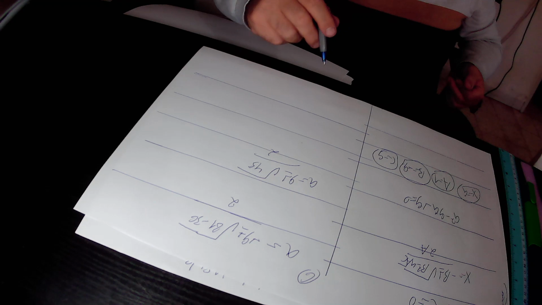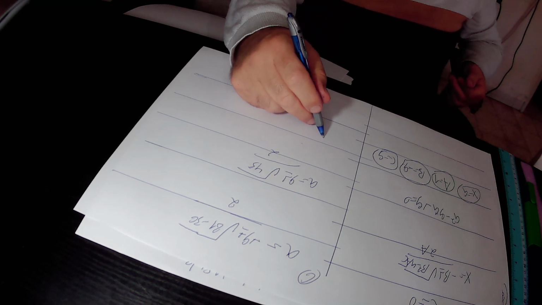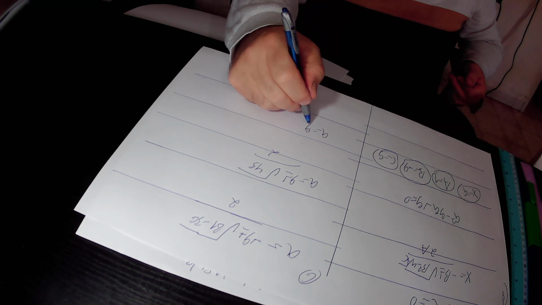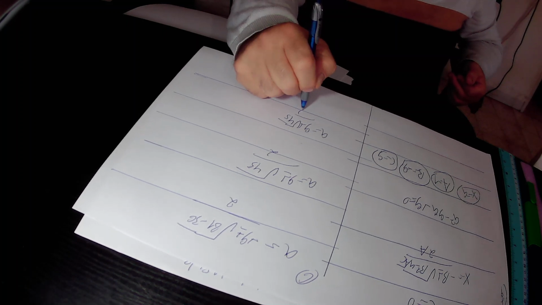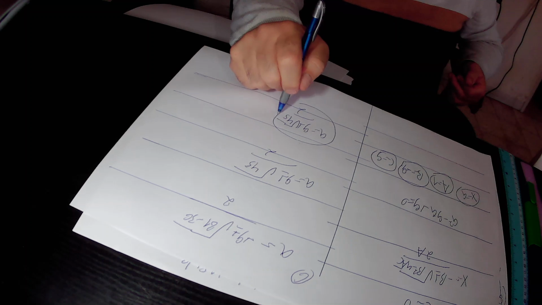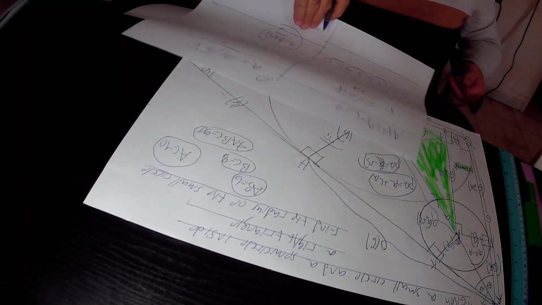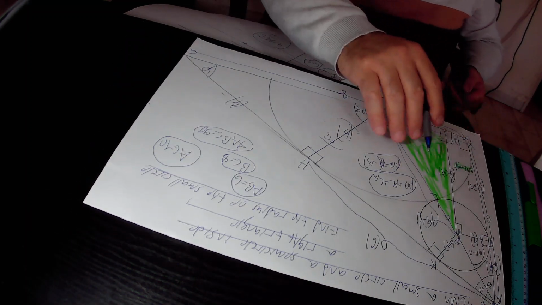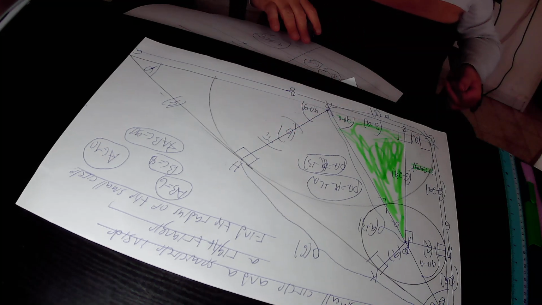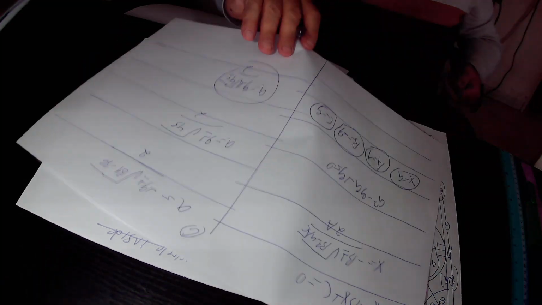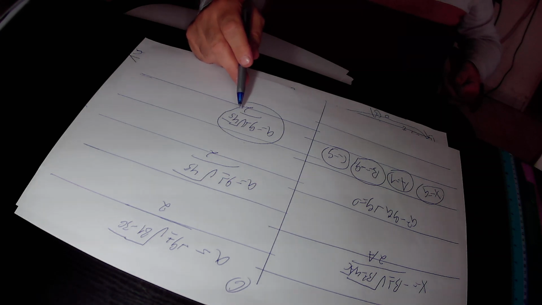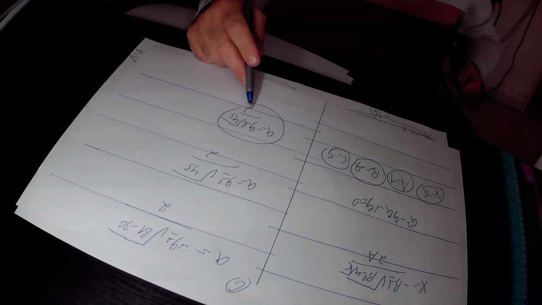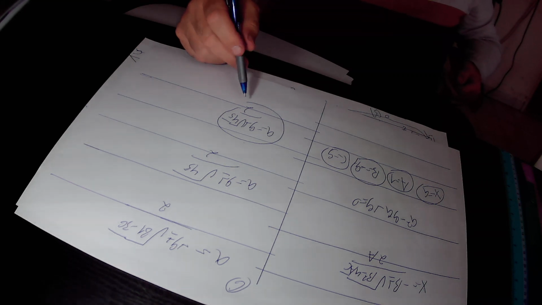The first solution for a is that a equals 9 plus the square root of 45, over 2. A is the radius of this small circle, that is the radius that we are looking for. According to the first solution, this expression, 9 plus the square root of 45 over 2, is greater than 3.